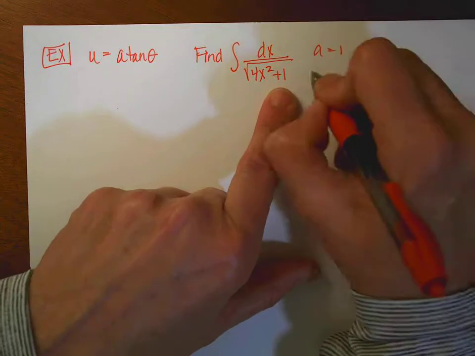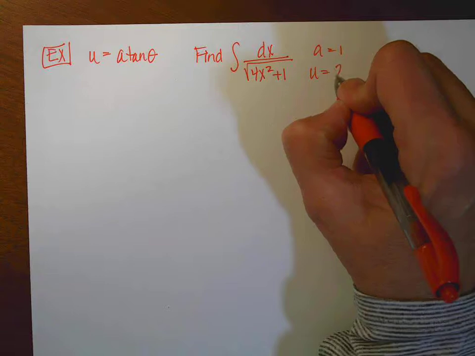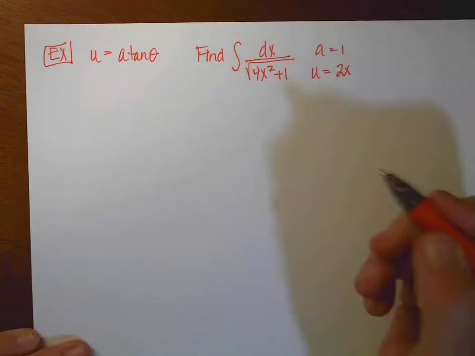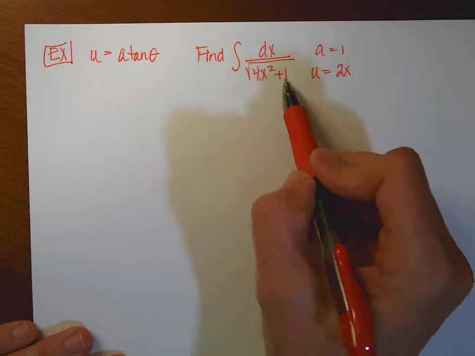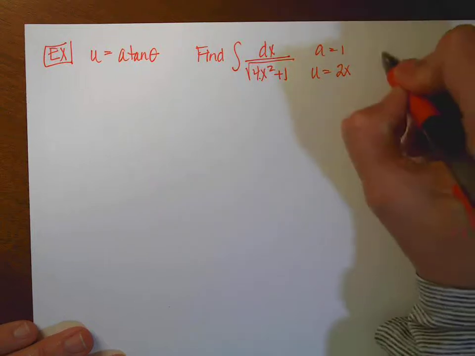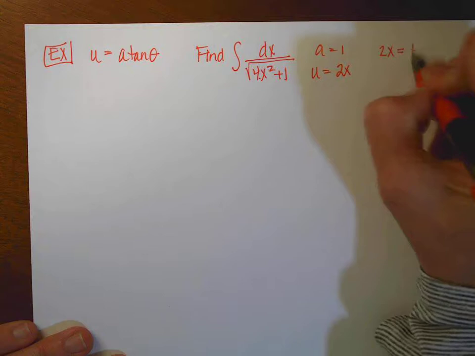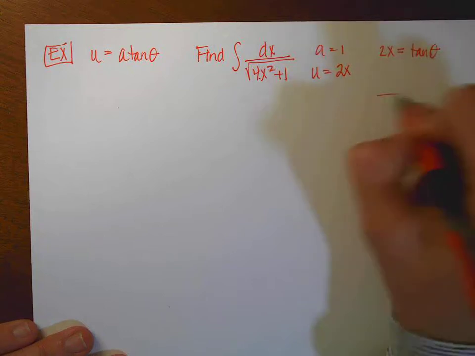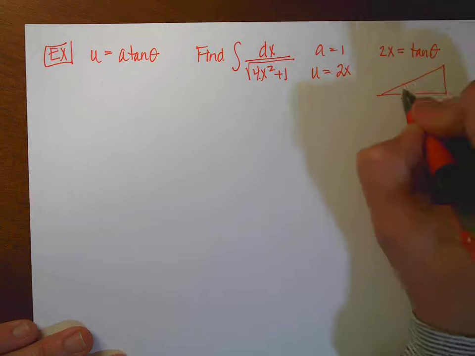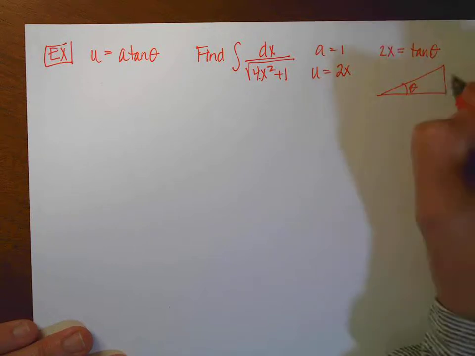So in this one, my a is going to equal 1, and my u is going to equal 2x. Because this is u squared plus a squared, that means that 2x is going to equal tangent theta.